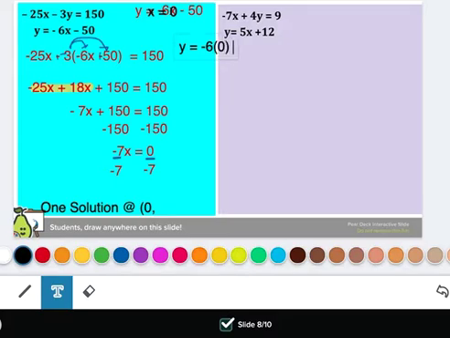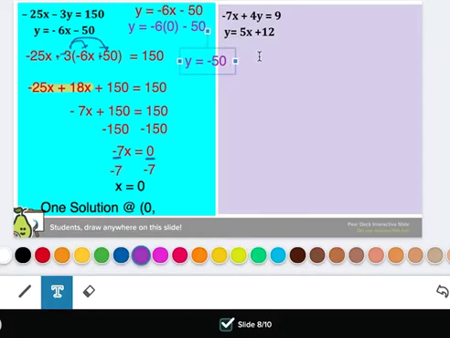We call this substitution, minus 50. I'm going to turn that to purple. So that's 0, and your answer is -50. So one solution at 0 and -50 is where the two lines meet.